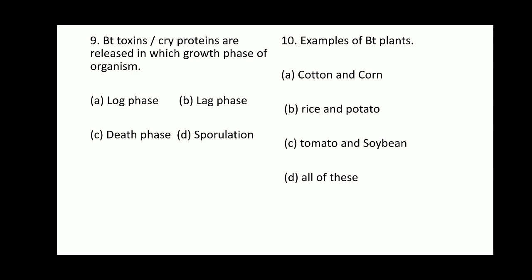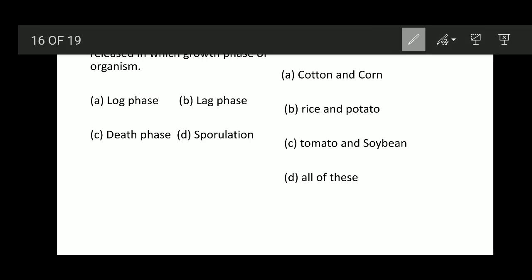Option A, log phase, option B, lag phase, option C, death phase, option D, sporulation. So that is option D, during spore formation the Bt toxins are produced. Question number 9, option D is the right answer.